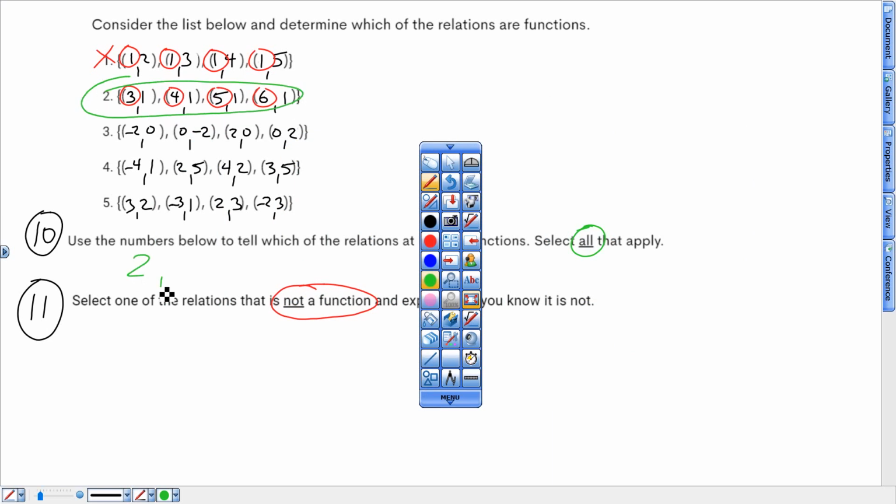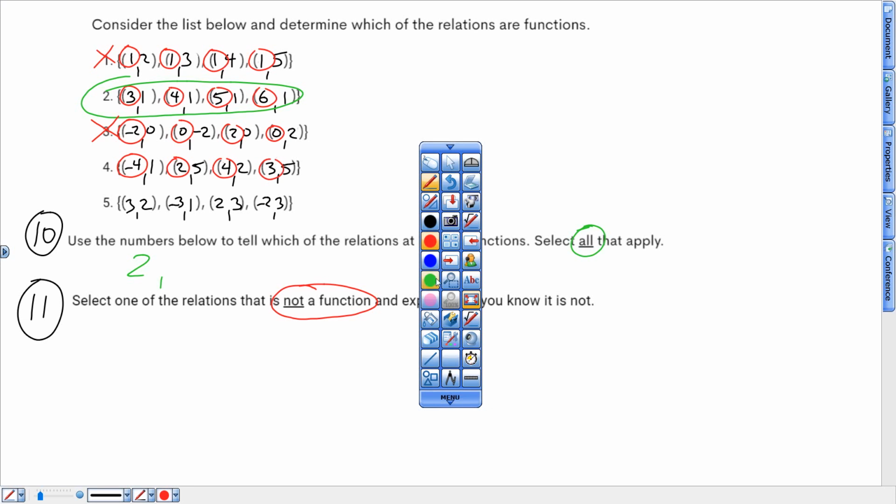And then the next one, I got -2, 0. 2 is not the same as -2. Oh, another 0. There we go. Spitting out 2 different numbers. Not a function. All right, moving on. -4, 2. 4 is not the same as -4. 3. There's no other 3.